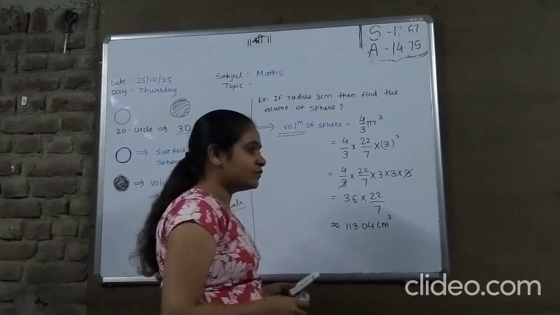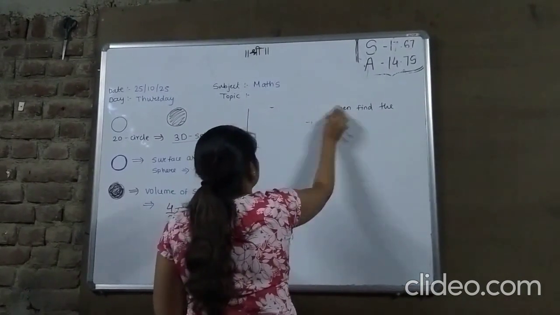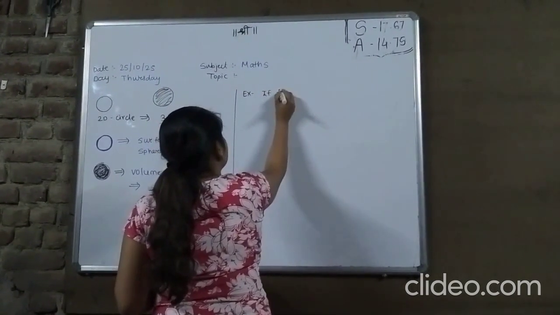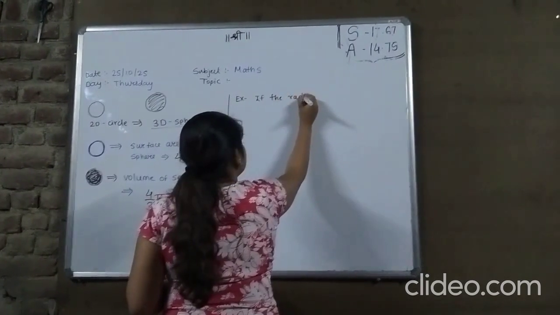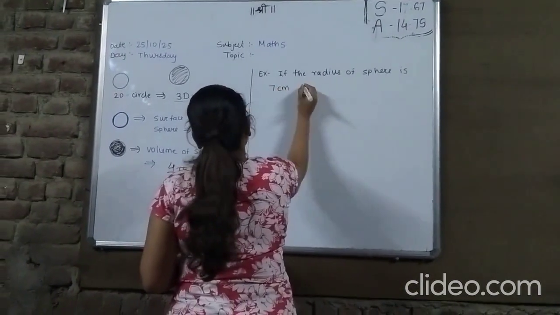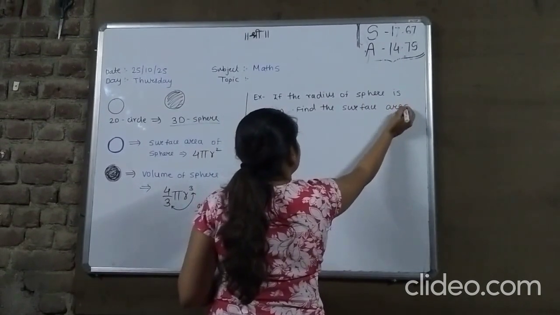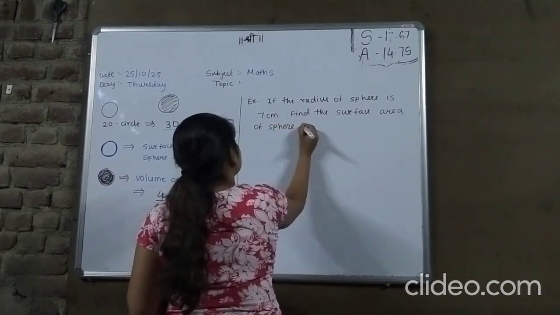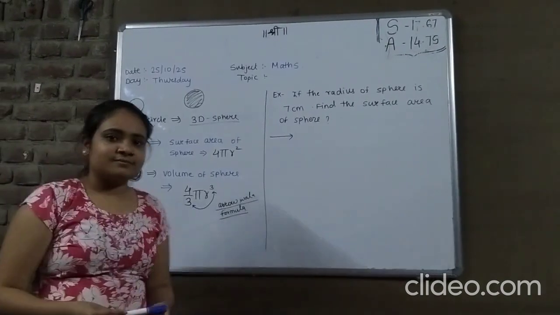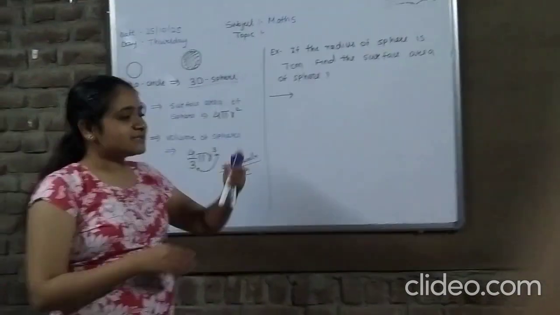Now, I will give you one more example. You have to come here and solve this. If the radius of the sphere is 7 centimeter, find the surface area of the sphere. Akshara, come in front and solve this example.